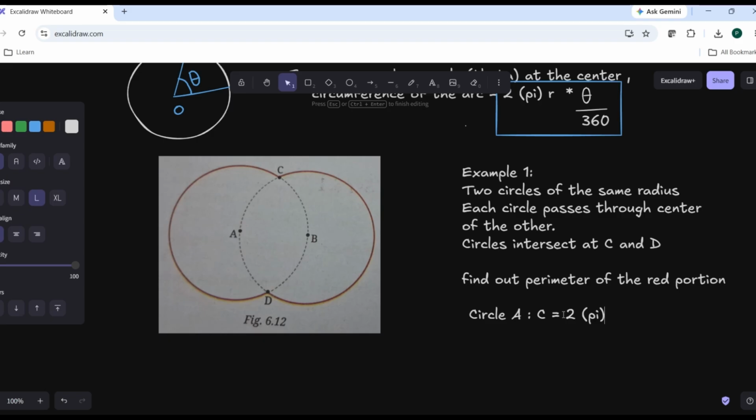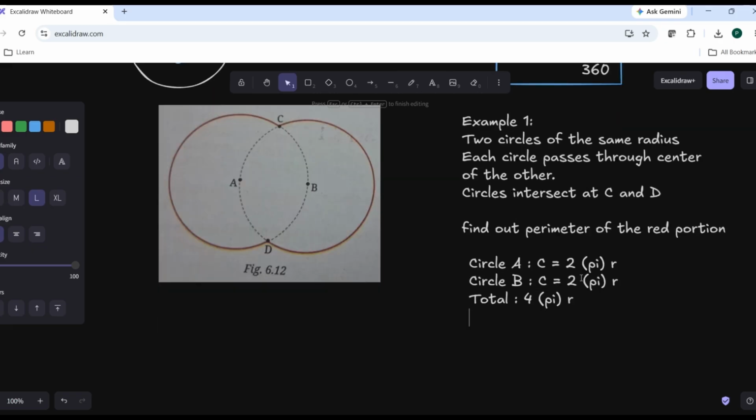For circle B, the circumference will be 2 pi r. Total will be 4 pi r. Simple. But here we are not given that simple thing. What we have been asked is to ignore the overlapping part. So then how do we do it?